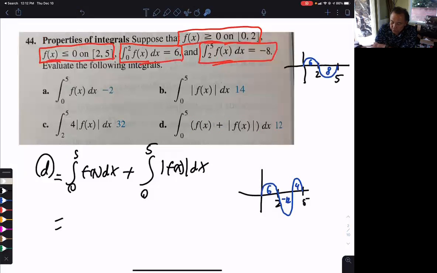So the other rule, you can split integrals of sums into sums of integrals. Well, what's this integral? We already found that. That's negative 2. And what's this integral? We already found that. That's 14. So your answer is 12, and we are done.